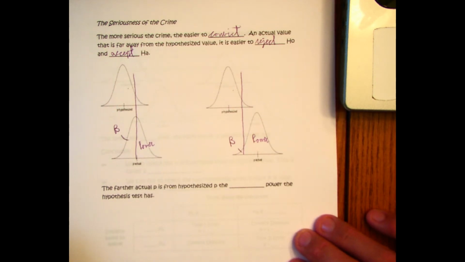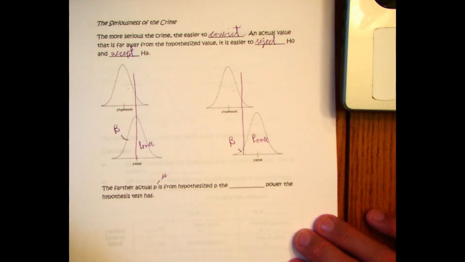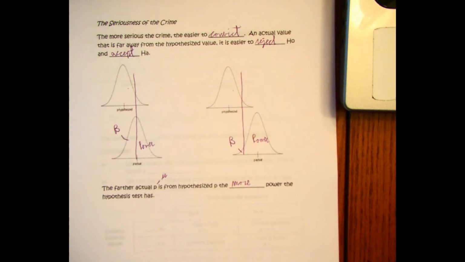So the farther the actual P or mu, could be mu if we're dealing with means, is from the hypothesized P or mu, the more power the hypothesis test has. So the more significantly different it is, the more likely you are to reject the null and accept the alternative.